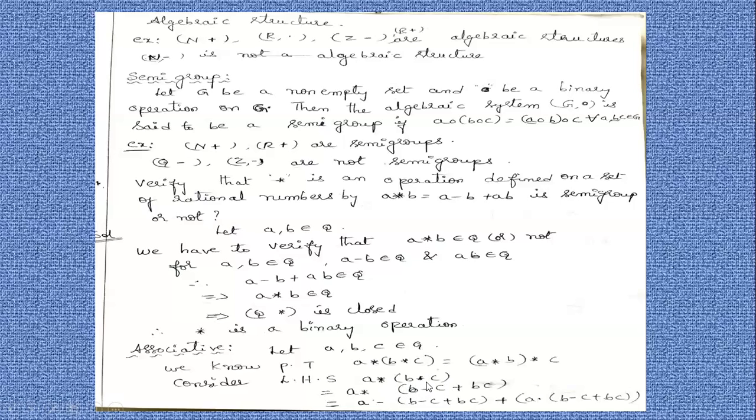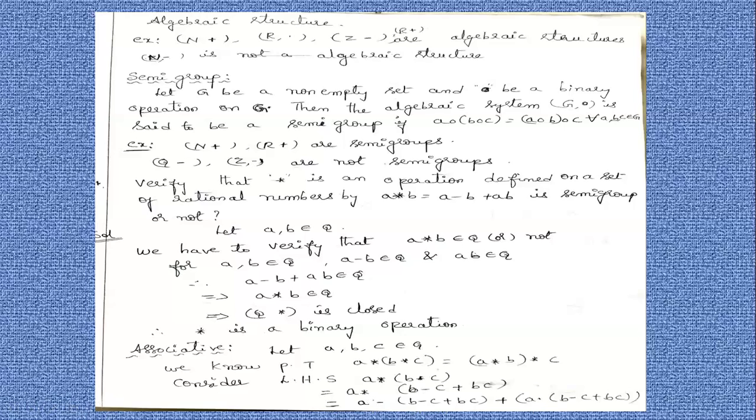B star c, as already defined, a star b equals a minus b plus ab, therefore b star c equals b minus c plus bc. Now we take this whole term as a single term. So a star (b minus c plus bc) equals a minus (b minus c plus bc) plus a times (b minus c plus bc).